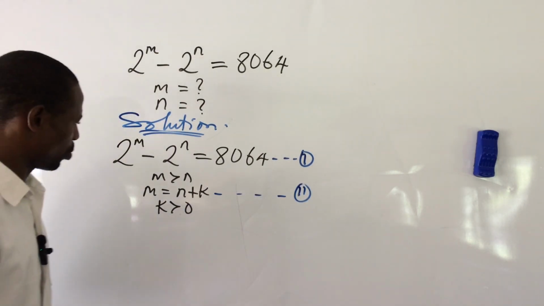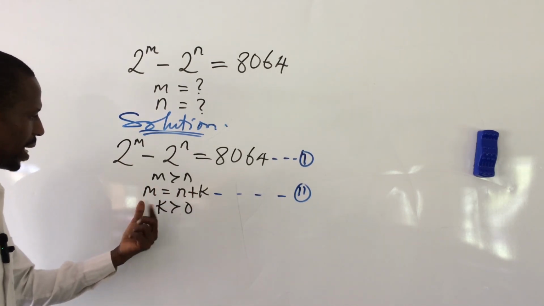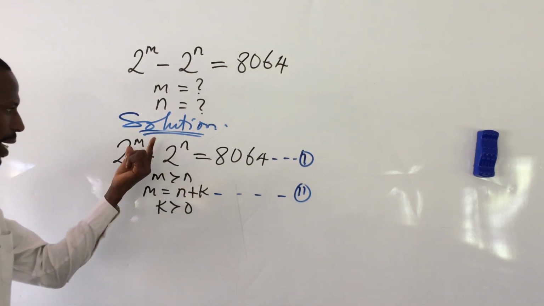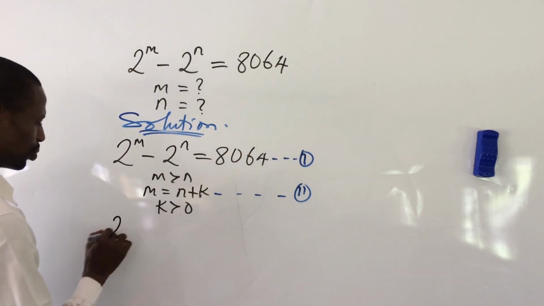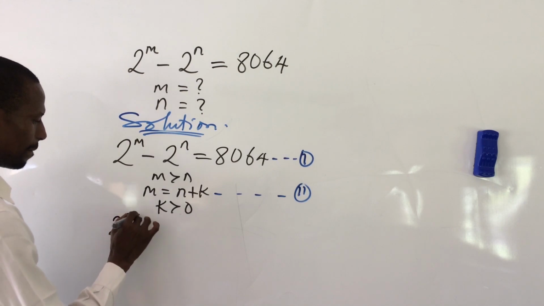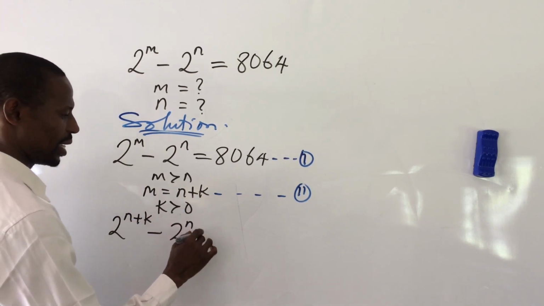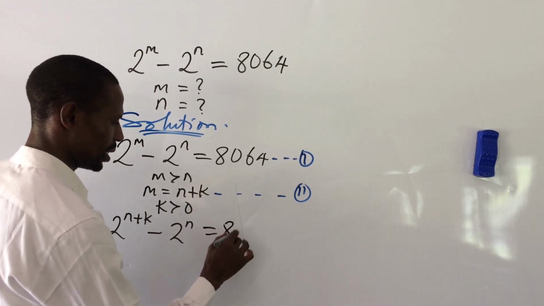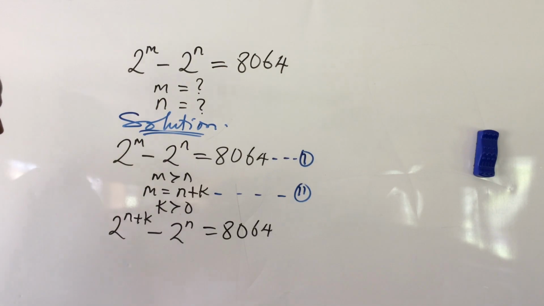Now, according to our equation 2, we can replace our m with n plus k here. So we can now rewrite equation 1 as 2 to the power of n plus k minus 2 to the power of n equals 8064.